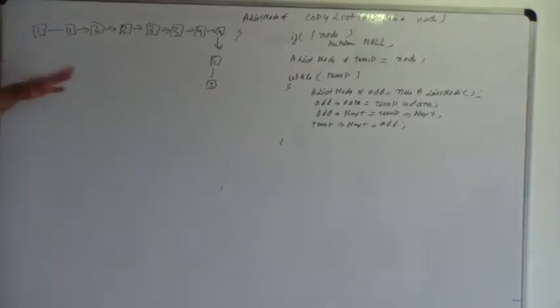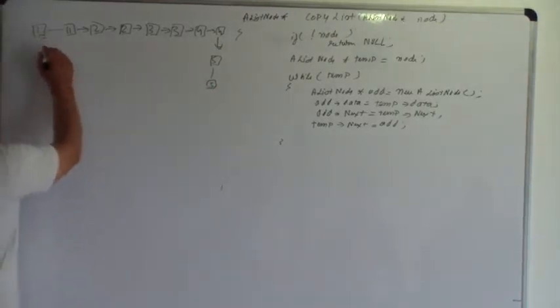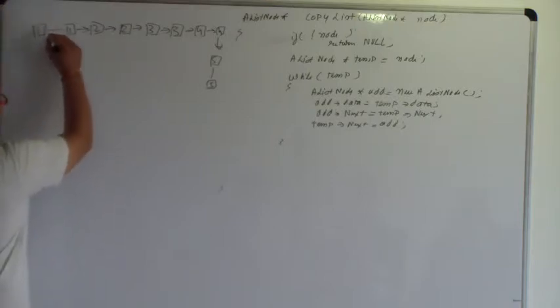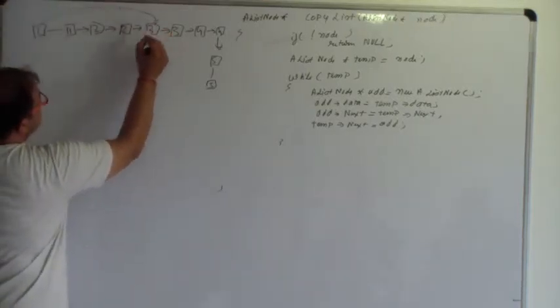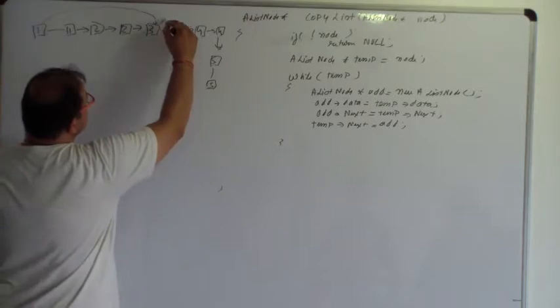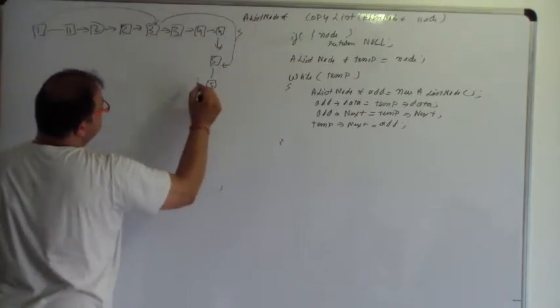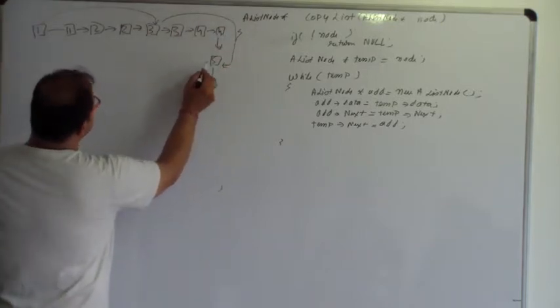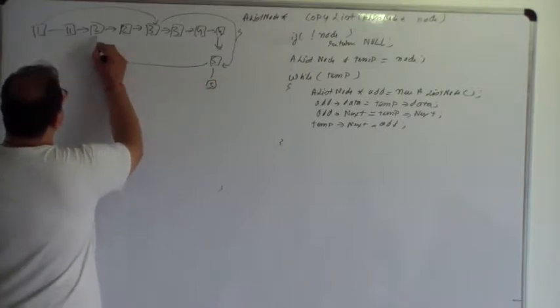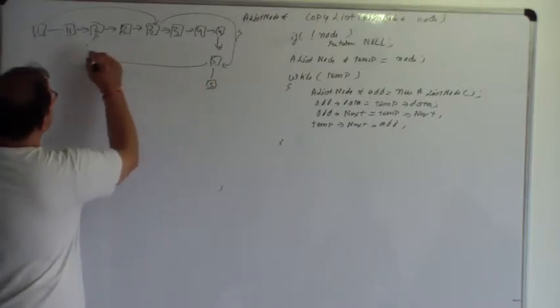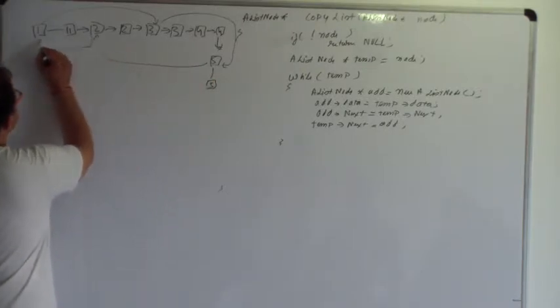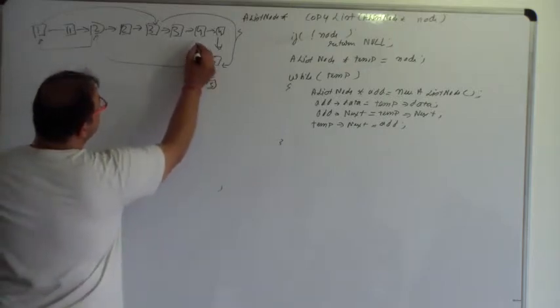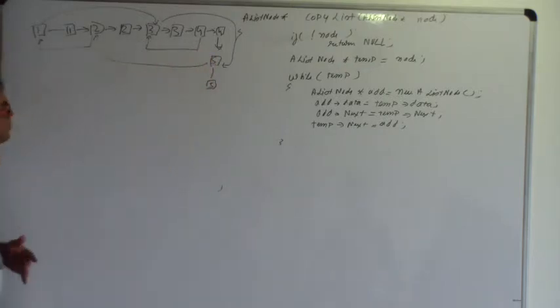The node looks like this, and 1 is pointing to 3, 3 is pointing to 5, 5 is pointing to 2, 2 is pointing to 1, and 4 is pointing to 3. At this point, this is what the situation is.